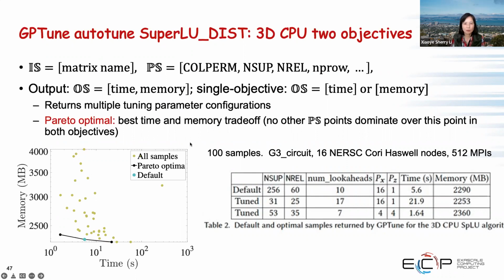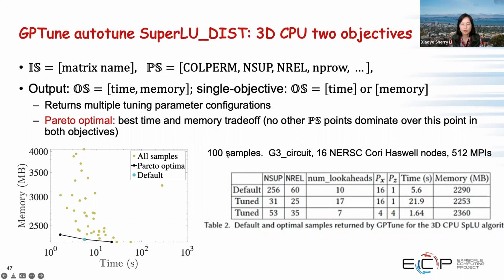What I'm showing you here is a two-objective optimization. I want to minimize time and minimize memory. In this case, I have several parameters: column permutation, maximum supernode size, the relaxed supernode size, and the process row size. The process column configuration will be derived from the row if you fix the number of processes.